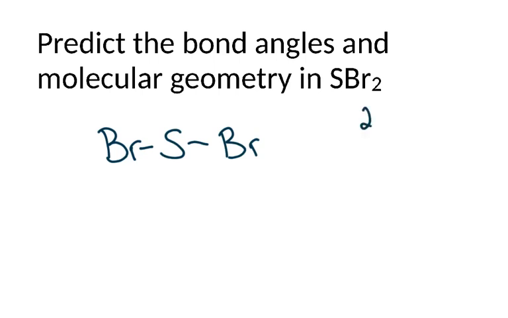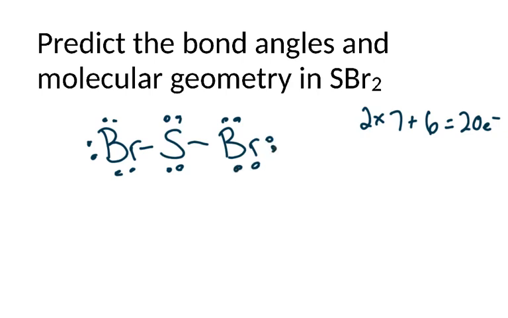Bromine comes with 7, so 2 times 7 plus 6 from our sulfur gets us a total of 20 electrons. So draw in my lone pairs. And I get this for my Lewis structure.